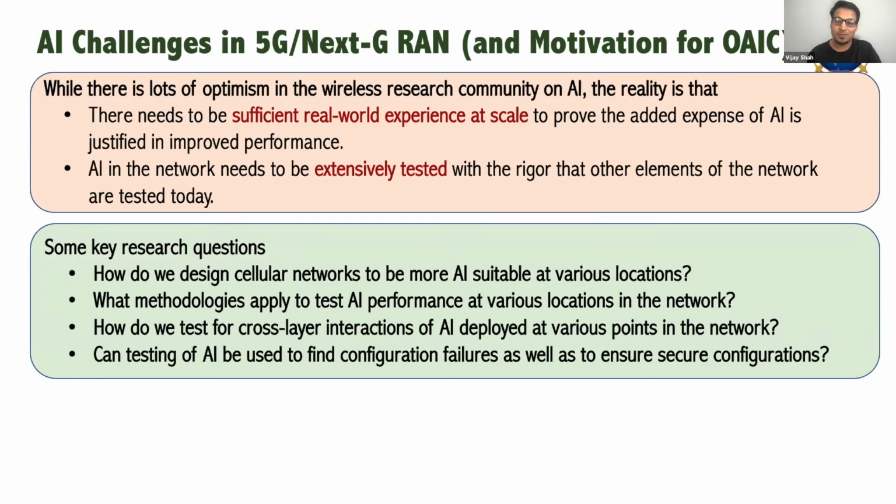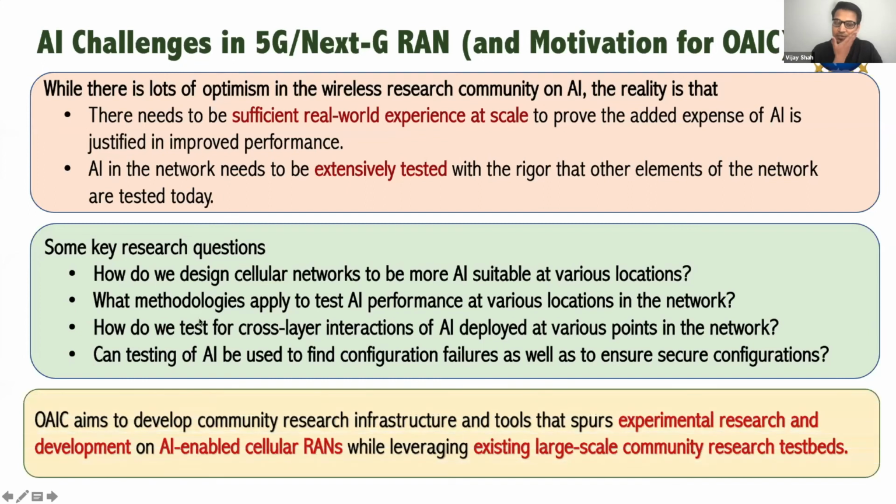So this problem has to be addressed by answering some of these questions, and that's what actually motivates our community research infrastructure, where we want to spur the experimental research and development on AI-enabled cellular radio access network controllers while leveraging the existing larger scale community research test beds.